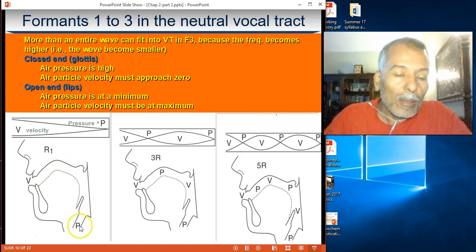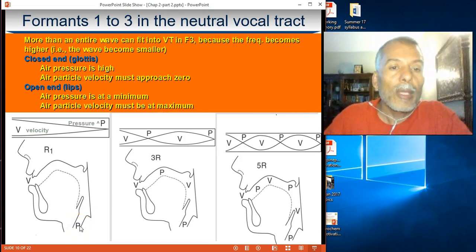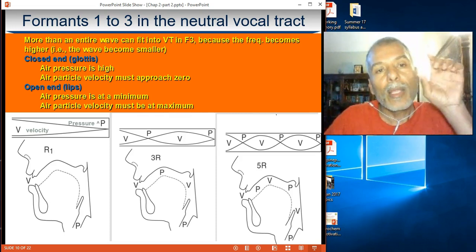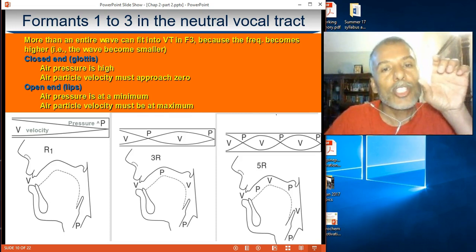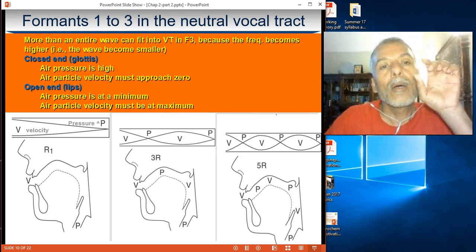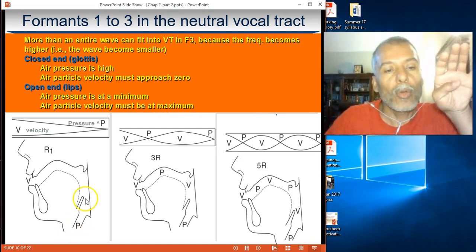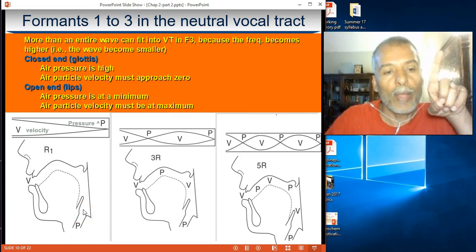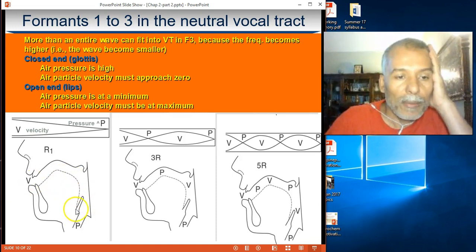So that first time that the vocal tract is going to resonate is when the wave reaches 4 times the length of the vocal tract, when 1/4 of the wave can fit into the vocal tract.